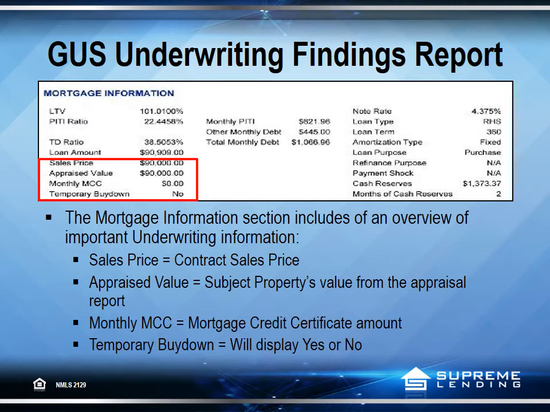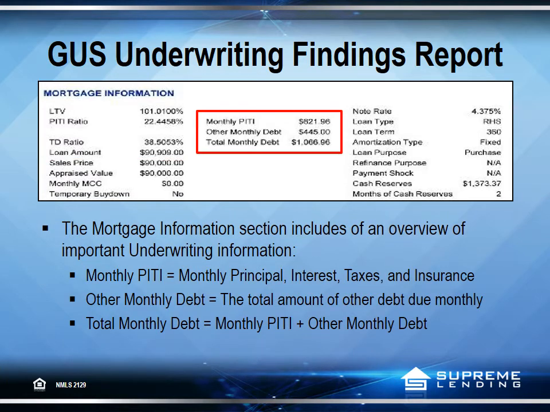The sales price or contract sales price is included here, as well as the appraised value, any monthly mortgage credit certificate amount if applicable, and any temporary buy down if applicable. The monthly PITI and other monthly debt is included here, and the other monthly debt represents the total amount of other debt due monthly.